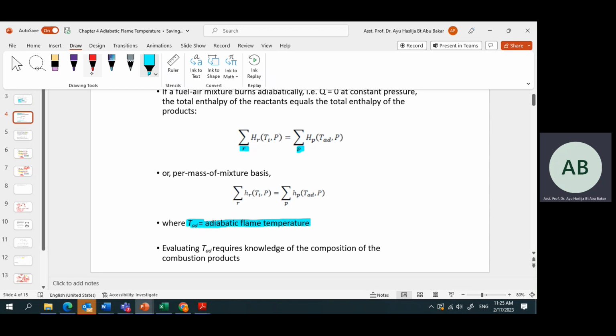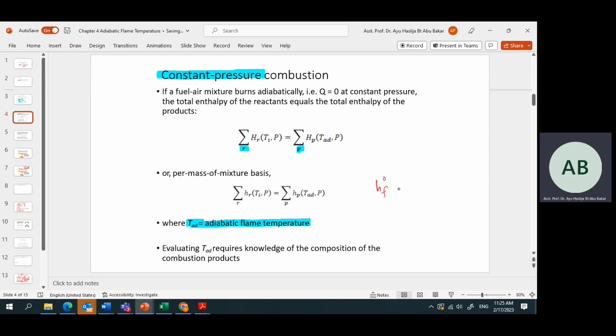Remember last time when we calculated the heat for a particular component, you have heat of formation plus sensible heat. Sensible heat is the enthalpy at a specific temperature minus the enthalpy at reference.